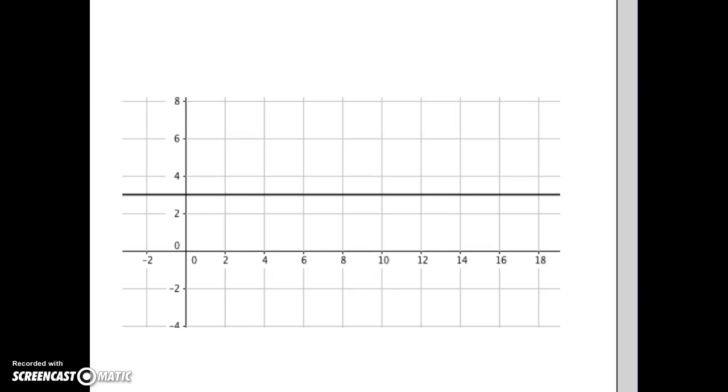This is another special line. This line is flat. It is a horizontal line. It is completely flat, so if it is completely flat, it has a slope of 0. And it has a y-intercept of 3, because I can see right here where it crosses the y-axis.